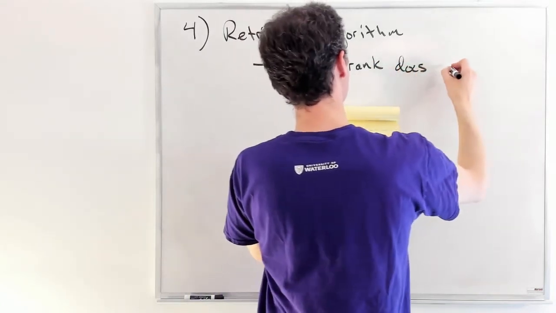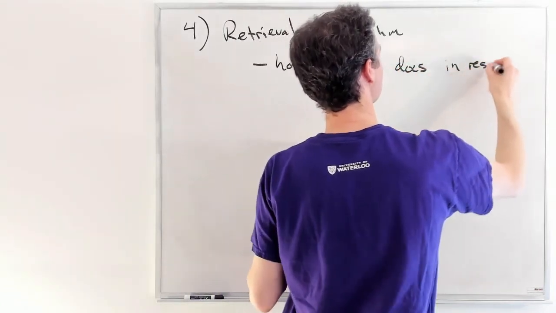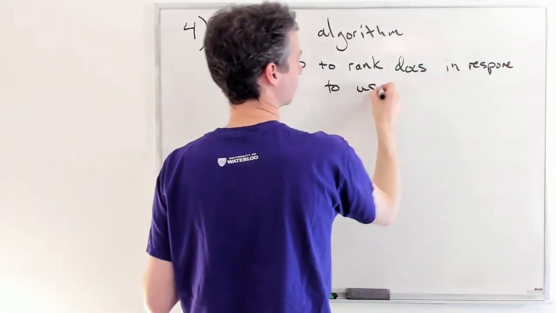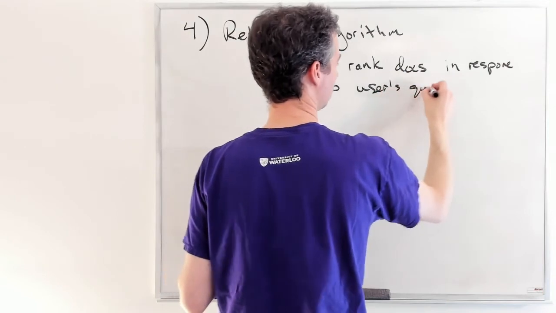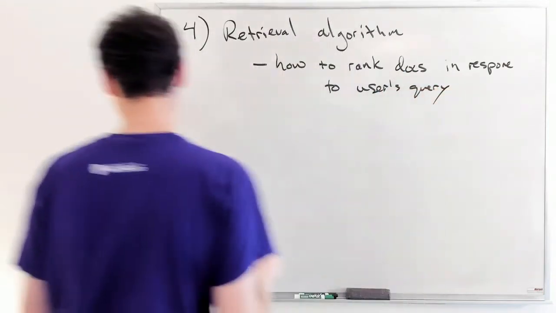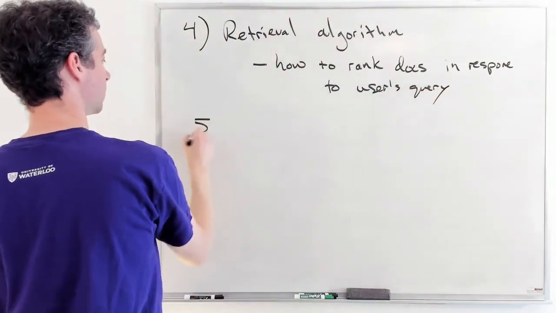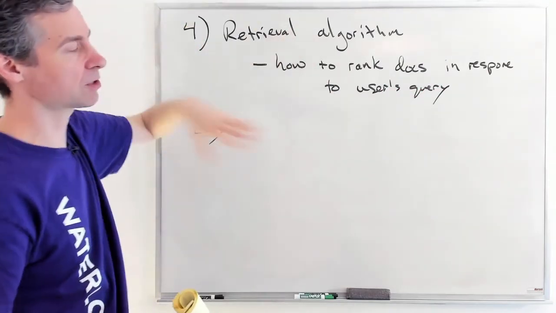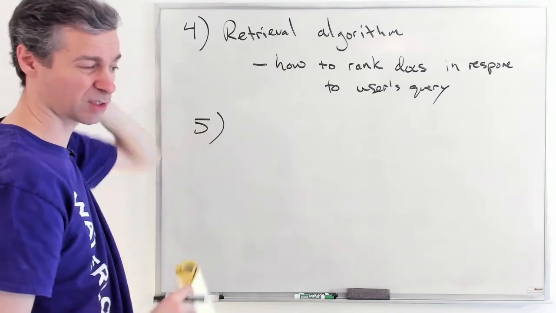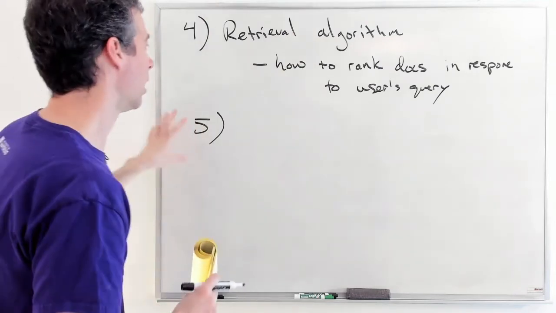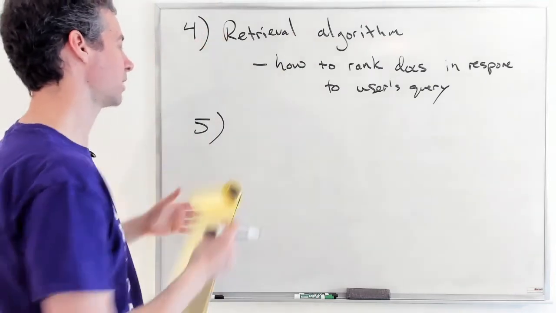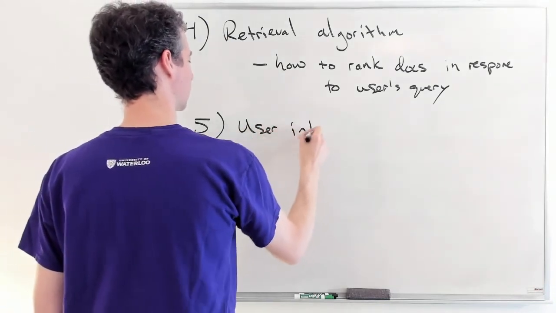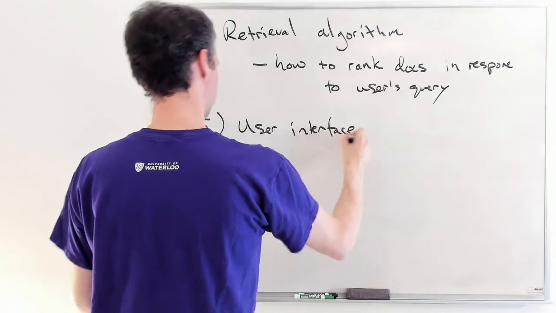So rank the documents in response to the query. And then finally, the last stage: the retrieval algorithm is going to be dealing with the index and other components of the search engine. But to talk to the algorithm, the user needs a good user interface on top of it all.